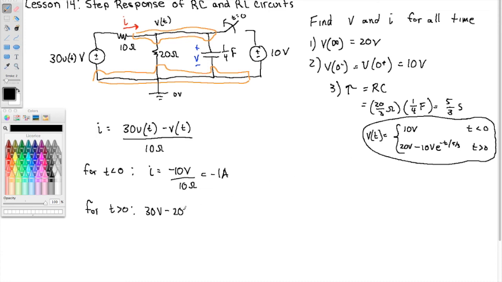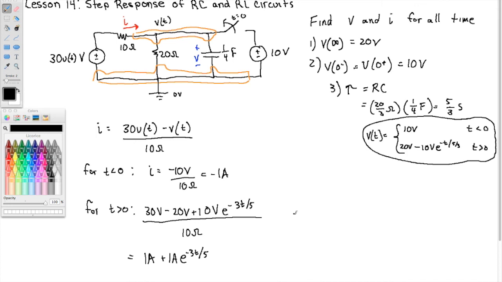So that's minus 20 volts plus 10 volts e to the negative 3t over 5, divided by 10 ohms. So this is 10 volts over 10 ohms, which is 1 amp. Then we have another 10 volts over 10 ohms plus 1 amp e to the negative 3t over 5.